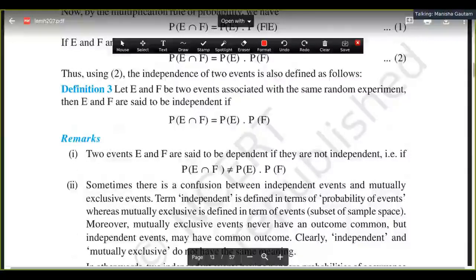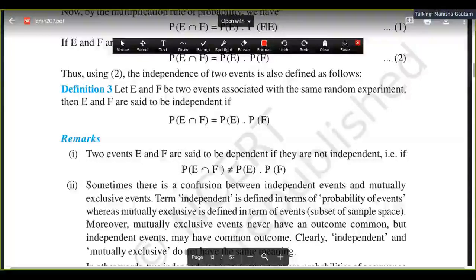Actually, when we want to check independent events, at that time we need the probability of the given events. But when we are checking mutually exclusive events, we are talking about the events only, not about the probability. It means mutually exclusive can be checked by taking the events only, and independent events can be checked by taking the probability of the events.